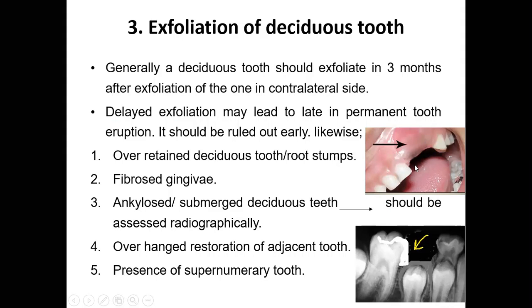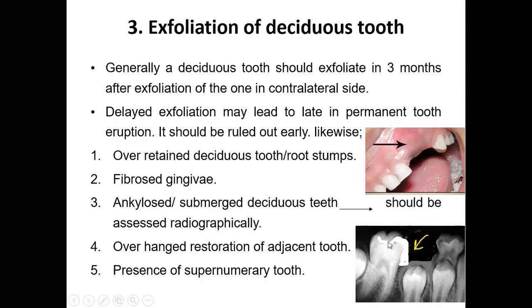If they are exfoliated due to trauma or injury, then what are we supposed to do to maintain this particular space? Because we cannot afford the loss of space due to drifting of these teeth. If these teeth drift into this space, then the permanent tooth for sure will go into malocclusion.